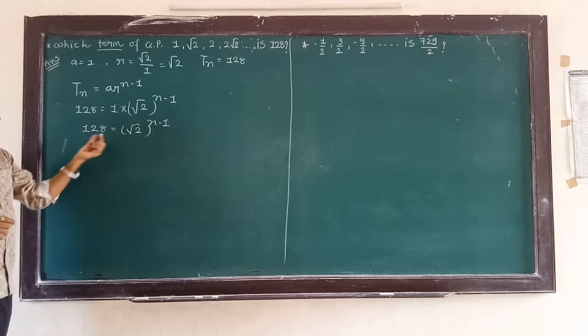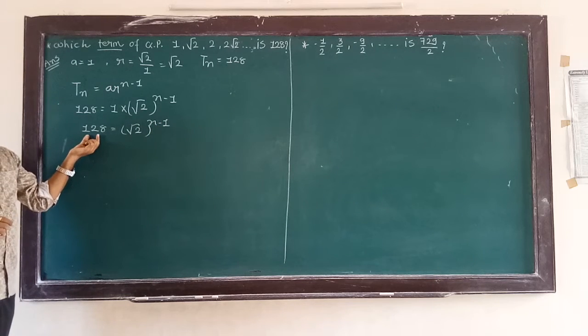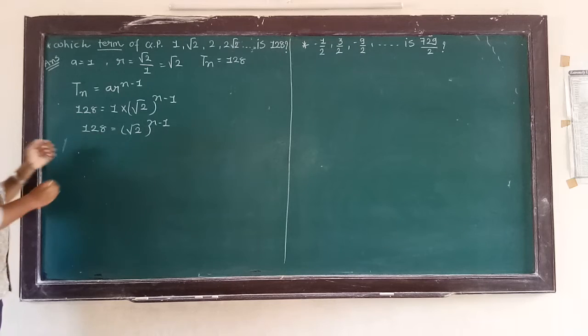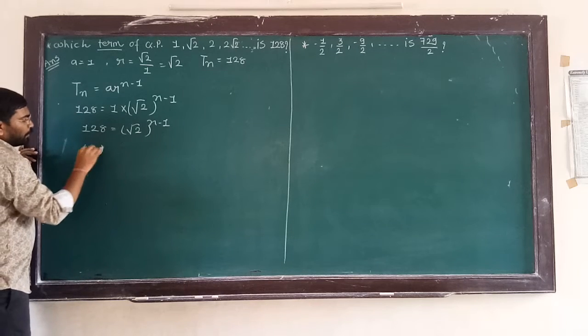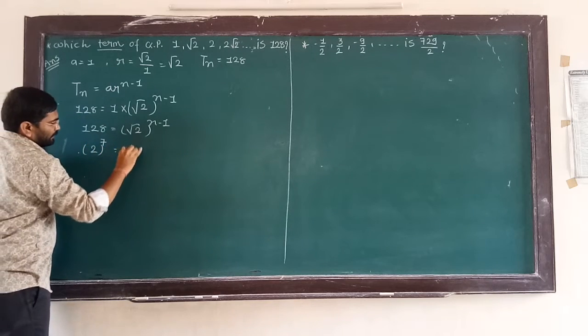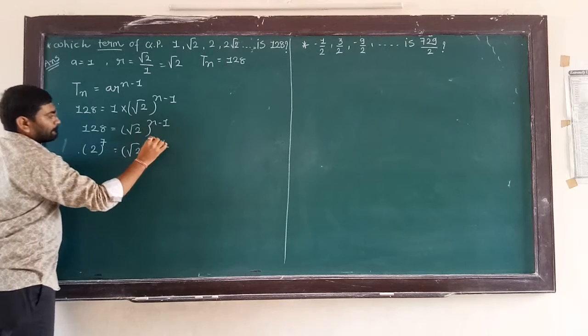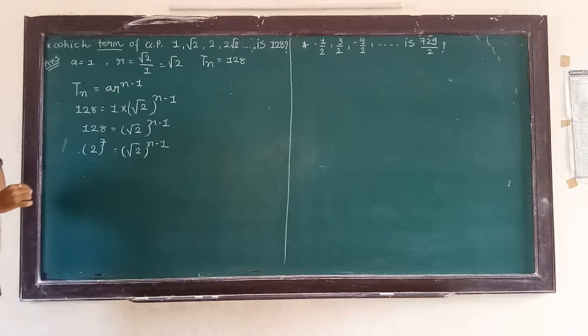Here students, 128 is how many powers of 2? Then we write 2 power 7 is 128.